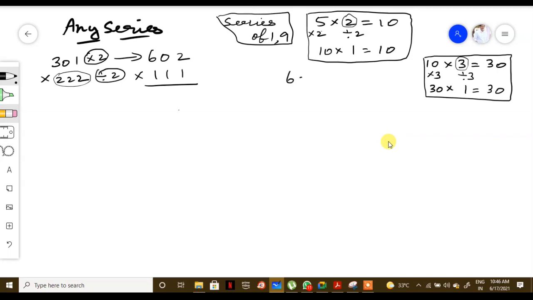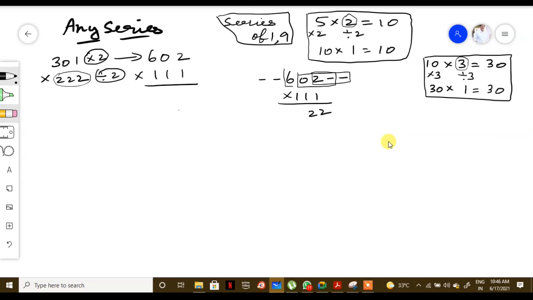We are going to multiply now. If you didn't see the first class of my video, you have to check for this method, the triple 1 method, a series of 1 method. So 602 into triple 1. There are 3 ones here, so you have to put 2 dashes before and 2 dashes after. Now you have to add each and every term, 3 at a time. 2 plus dash is 2. Again 0 plus 2 plus dash is 2.